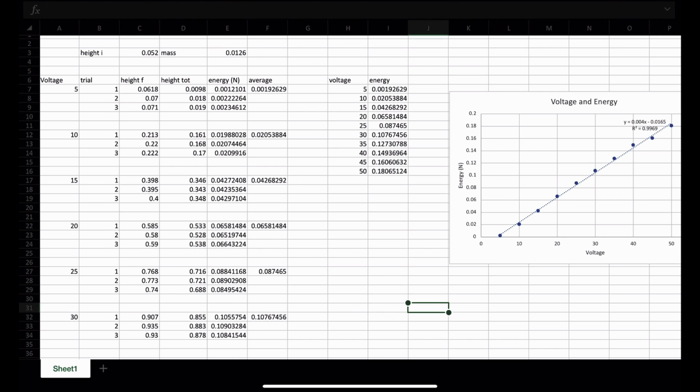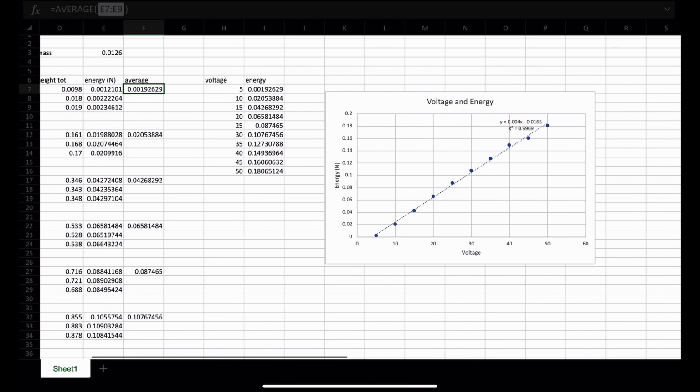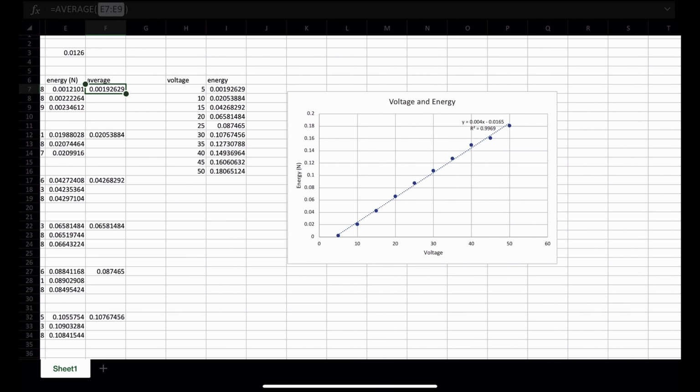Subtracted that maximum height from the initial height on the ruler that the ring had, and from that we used mass times gravity times height to get the total energy, and then averaged those energies for the 3 trials, like that one right there. So then plotting the voltage versus the energy, we found a pretty significant linear relationship between voltage and energy. Our R squared is 0.9969, so our data looks pretty good.